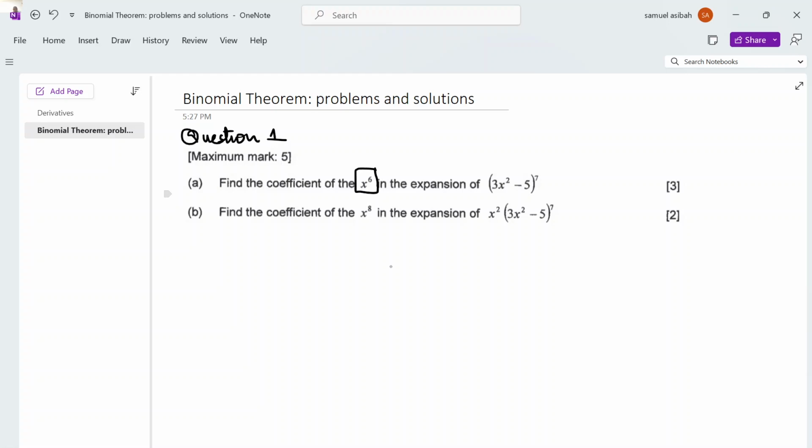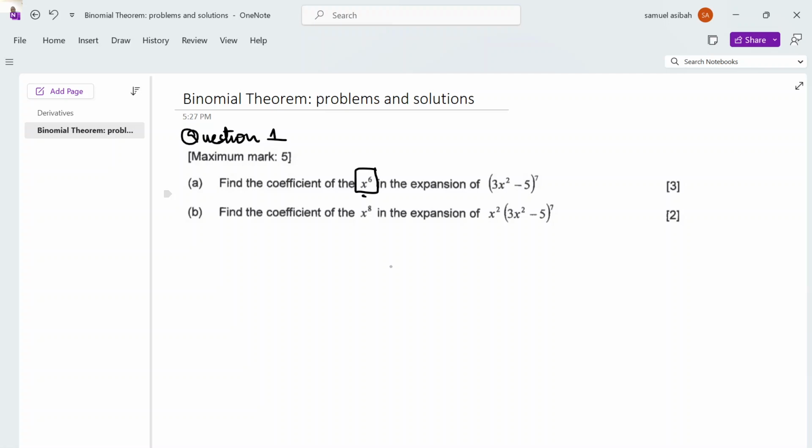Now, for you to manage this question very easily, you need to capture where this x is, and you must also be good in indices. Now, this x is raised to 2.